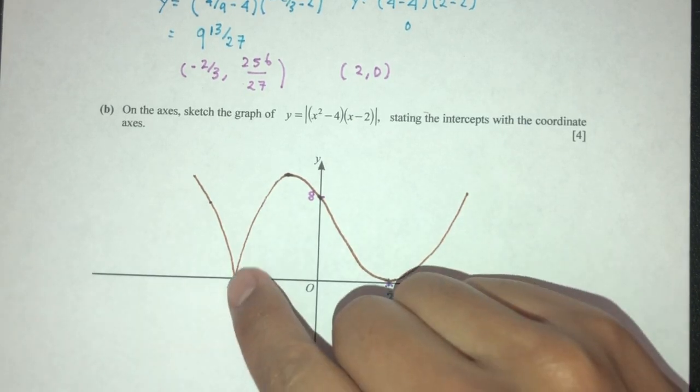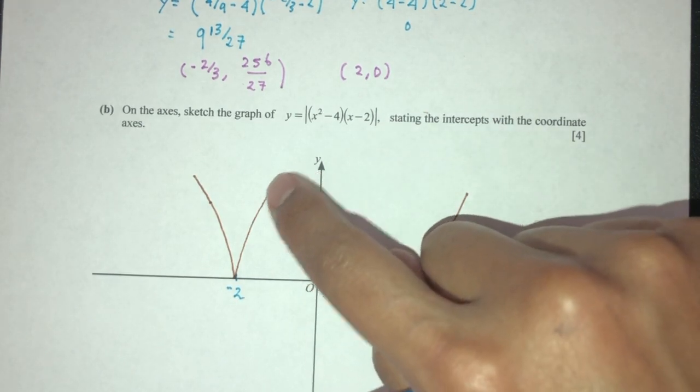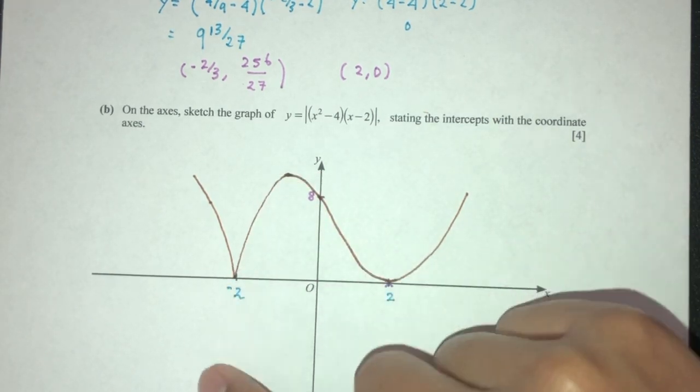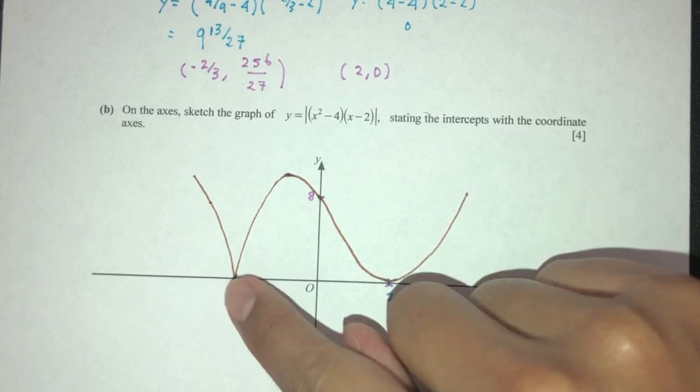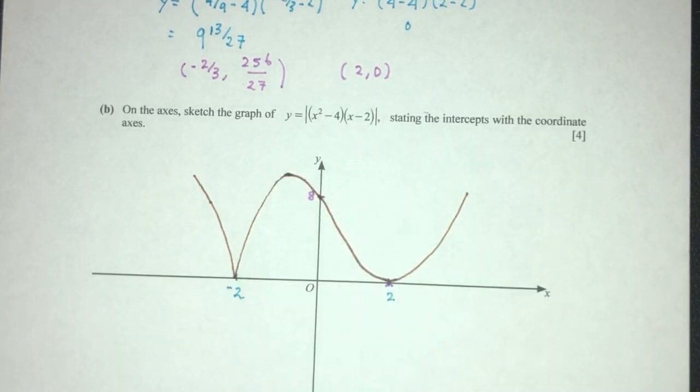So at first we draw this according to what we have over here, and then we understand that usually this one has to keep going down, but the part that is down will be reflected upwards because it is a modulus graph. That is part B of your question. Okay, now let's move on.